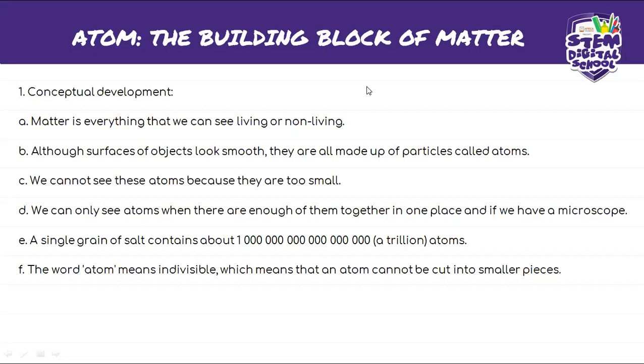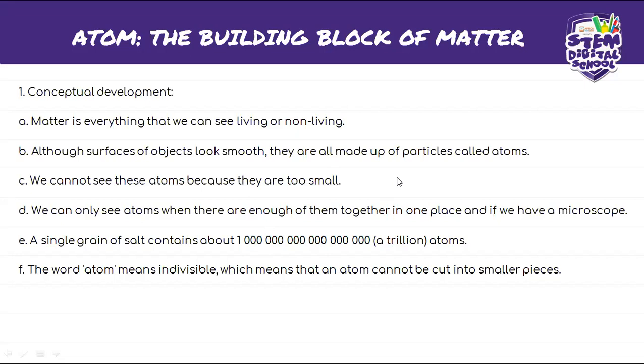All right, a single grain of salt contains, can you count the number of zeros? That is a trillion atoms in a single grain.